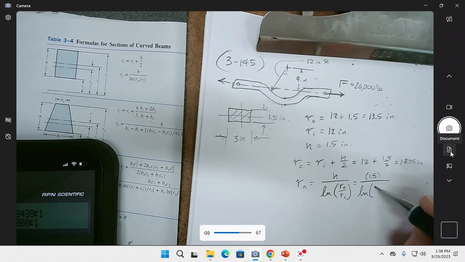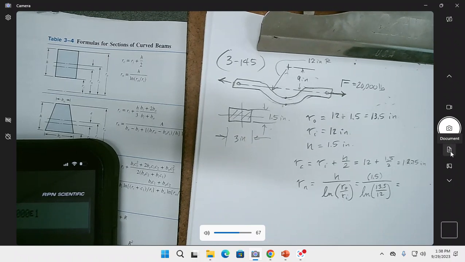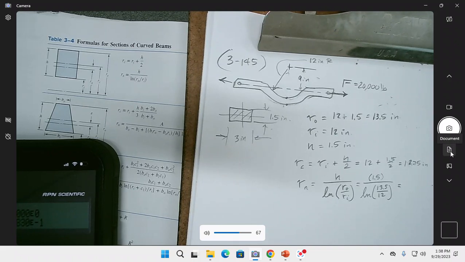RO 13.5, and then RI 12. So let's go 1.5, we'll put it in the stack of 13.5 and divide by 12 and take the natural log.